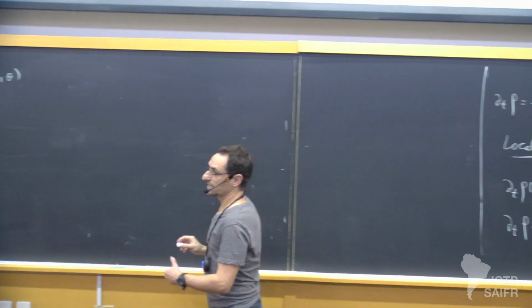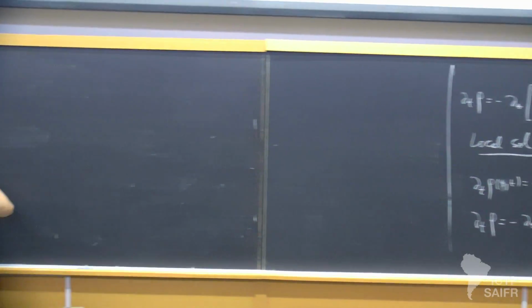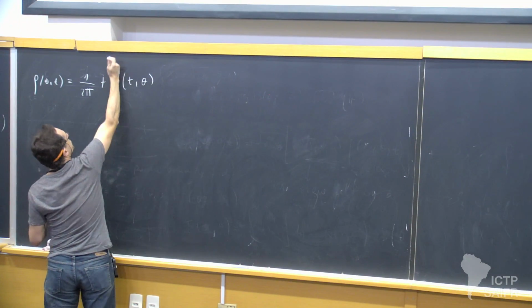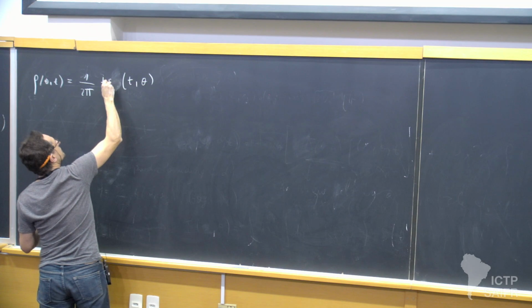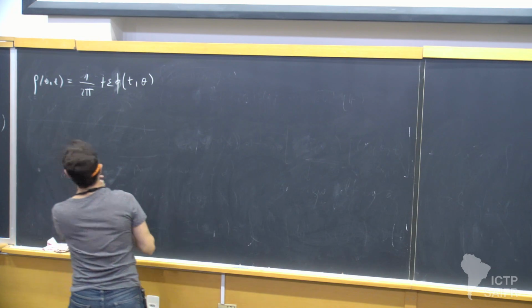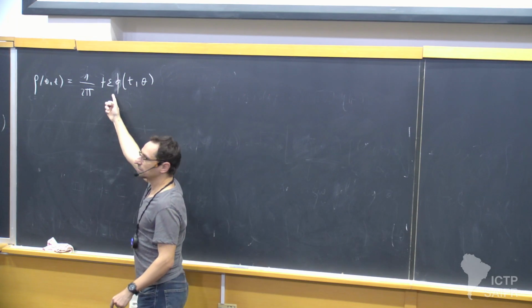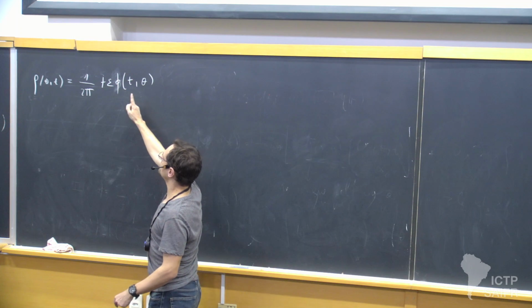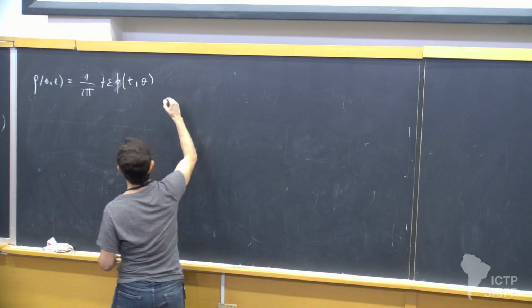And then, let's say that this one, I could write it this way. An epsilon that is very small, and this. And I want to see whether this is going to grow or not.